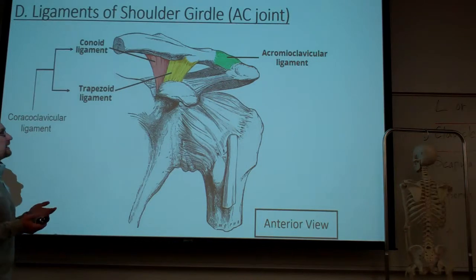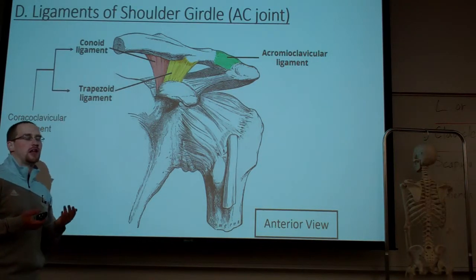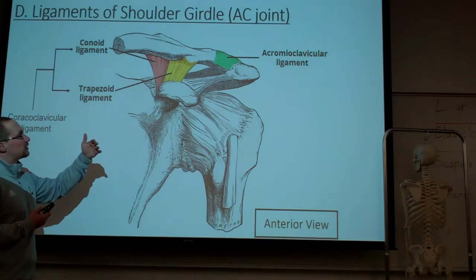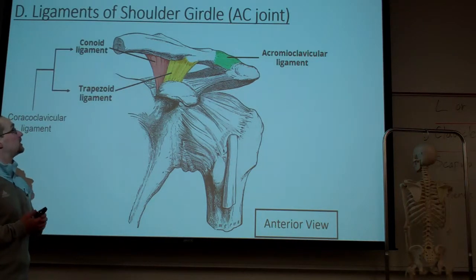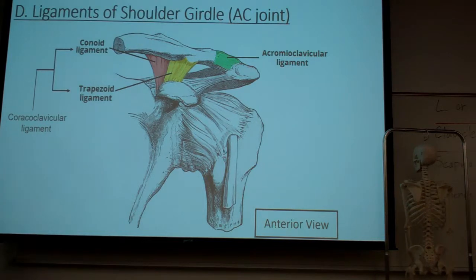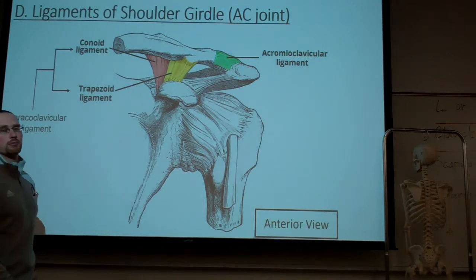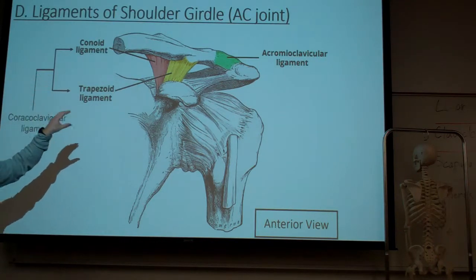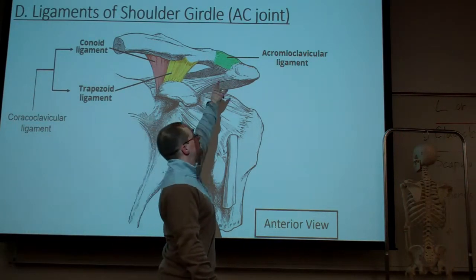And that just attaches along the clavicle somewhere, not exactly the conoid tubercle. But then it's going to also attach at the coracoid process. So again, all three of these ligaments, they hold the AC joint together.